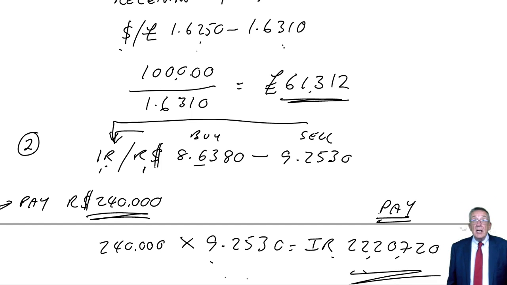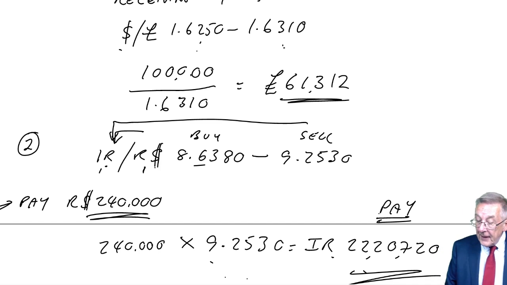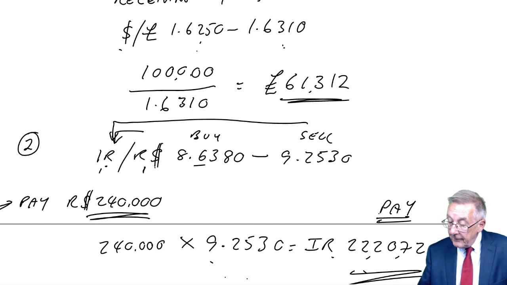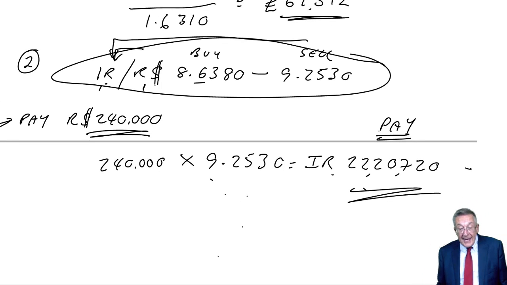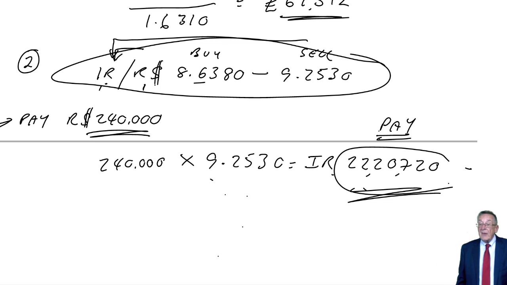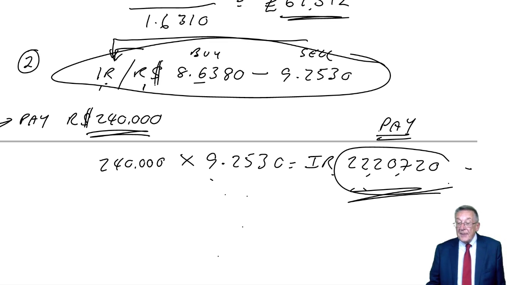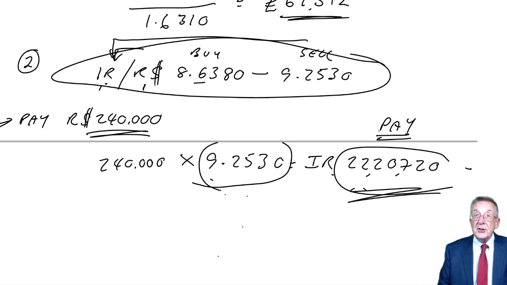The problem, as I said earlier, in the exam and in real life, is that, well, look at the second example. If the exchange rate today is that, then if we were paying today, no problem, 22 million. But if it was the same question, but we weren't going to pay for another month, well, of course, in a month's time, the chances of the spot rate being the same are tiny.